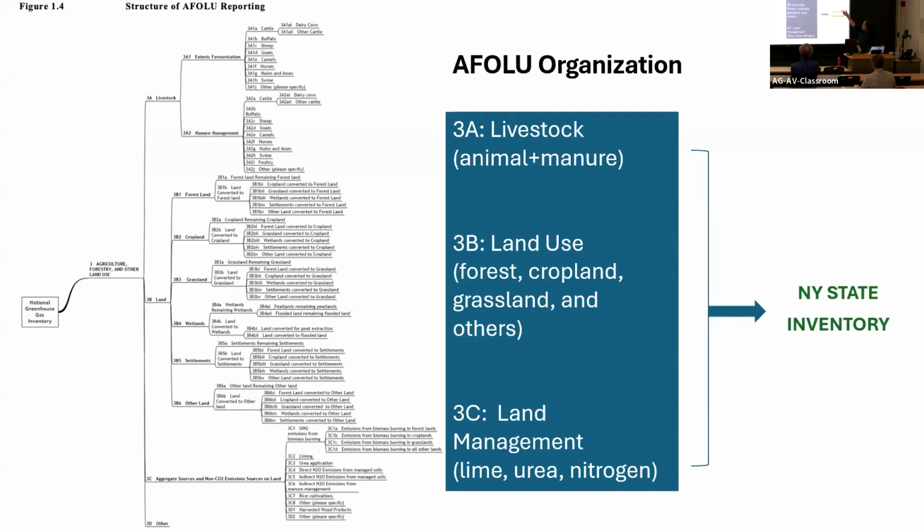In the simplest terms, 3A represents livestock, animals plus their manure. 3B represents land use, and 3C represents land management, like lime, urea, and nitrogen. 3C also has forestry, but we're not doing forestry. Colleagues at Syracuse are working on that component. We have an afforestation component, but that is a new initiative, not existing forests.